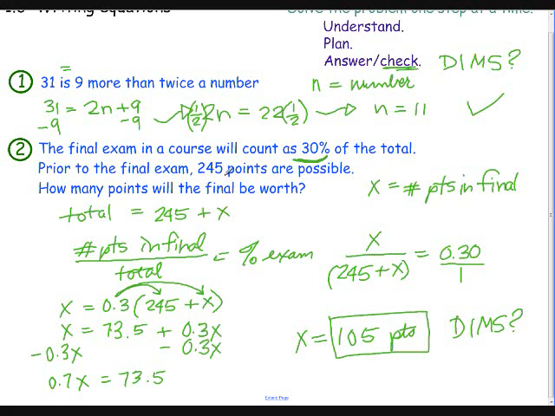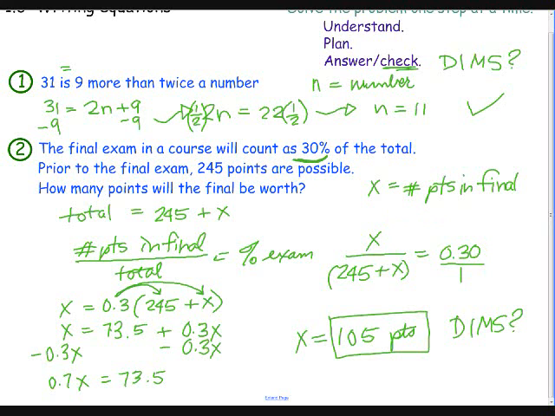It's so tricky to think about, isn't it? Because the total points in the class are apparently 350. 30% of 350. Yeah, that looks just about right. Very good. I love this stuff.